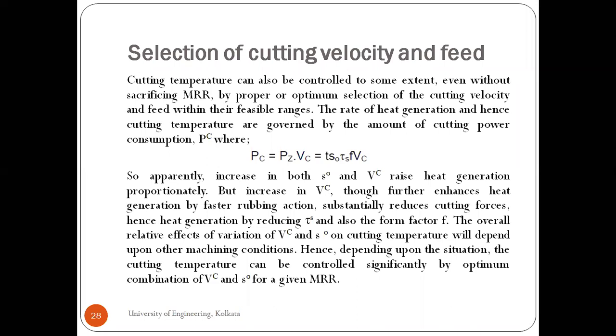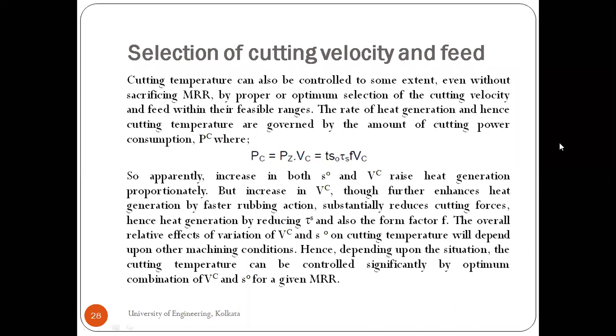Okay, but in that case heat generation also takes place due to this form factor. So there are a few things which you have to consider. You have to consider the entire equation, and depending on the values, we'll be able to select the optimum values of the cutting speed and feed for a certain value of the material removal rate.